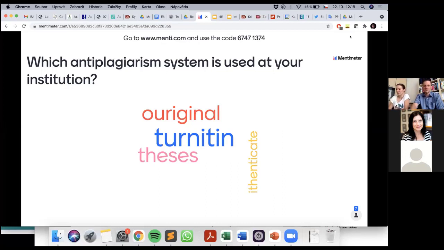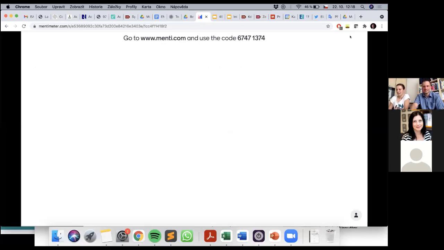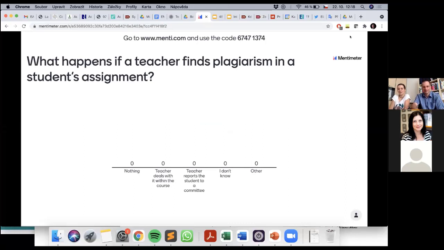So let's move to the next question, which should reflect practice at your university. The question is, what are the usual processes, or maybe the standardized processes, at your university? What happens when a teacher finds plagiarism in a student assignment? Is there nothing happening? Is the teacher dealing with it by herself somehow within the course, or does the teacher report the student somehow?